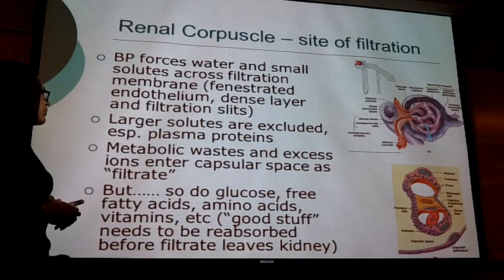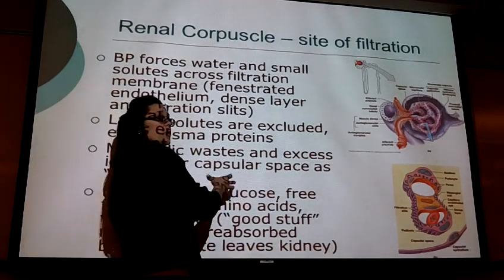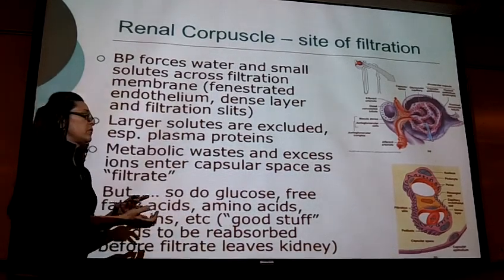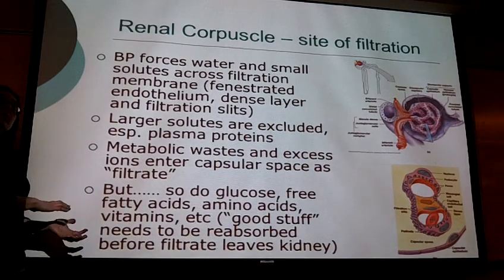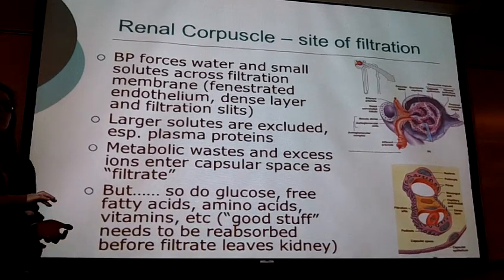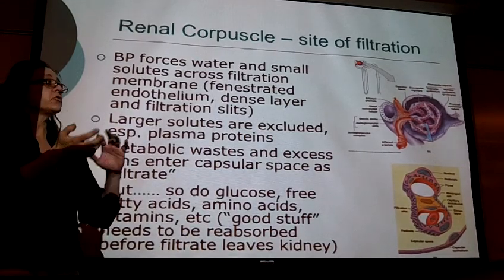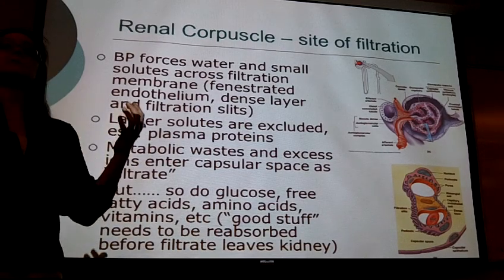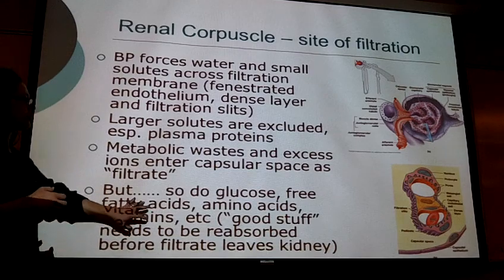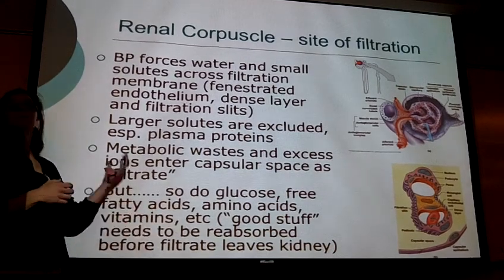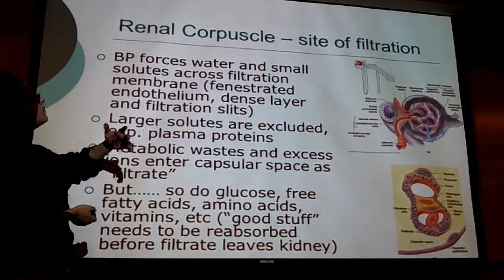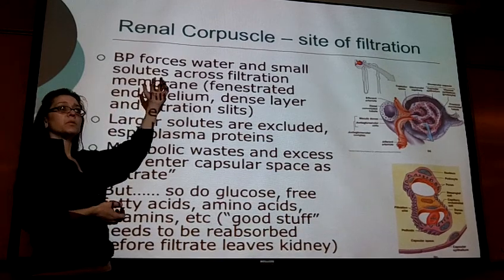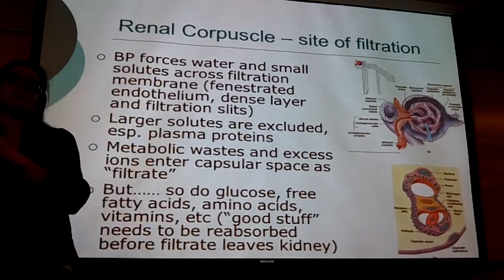The body will either utilize these things right away, or we saw that the body will store these things or turn them into something else that it can store, like turn them into fats so that we can store those energy reserves and use them later. So we don't want to get rid of this stuff, but it's going to come out because it's small enough and the blood pressure is forcing it to come out.